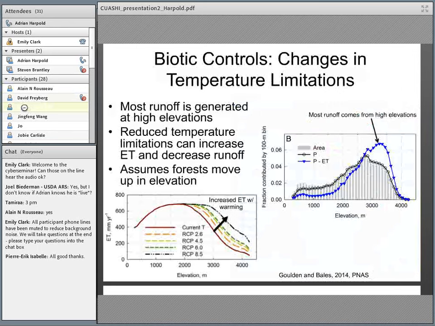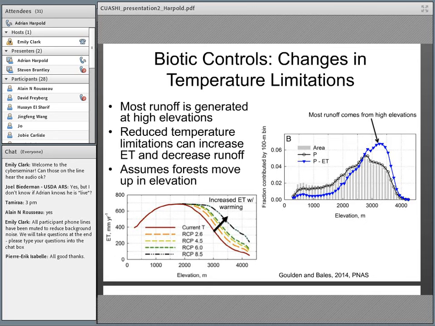So if we start raising temperatures in these systems, we can see some pretty interesting effects. This is a nice paper from Mike Goulden and Roger Bales published last year, showing the response of a large basin in western Sierra Nevadas, where the upper right panel I'm showing is precipitation and precipitation minus evapotranspiration, or the water subsidy, as a function of elevation.